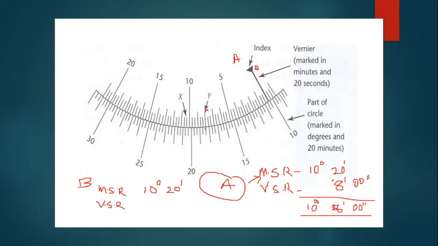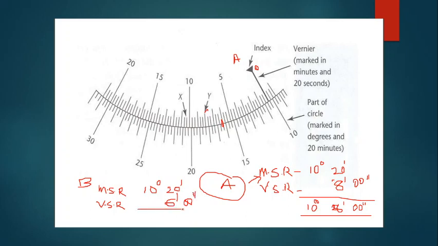Let us say this is a coincidence on vernier B. Now what is its reading? 5 degrees, 6 minutes, that's all, right? So I must enter here 6 minutes and 00 seconds.